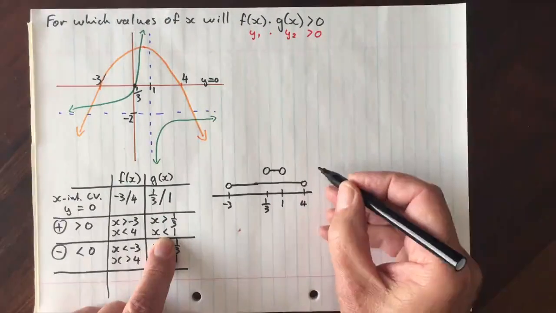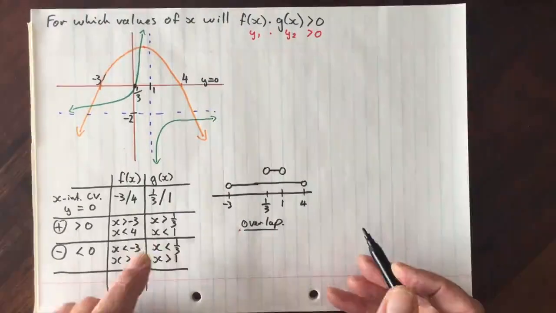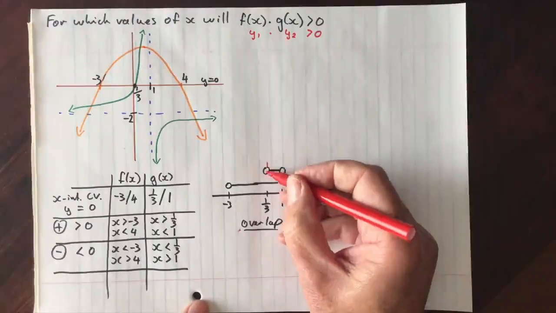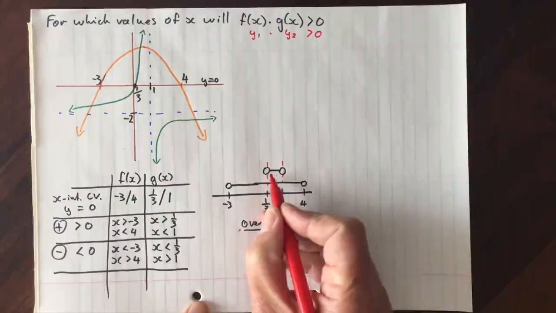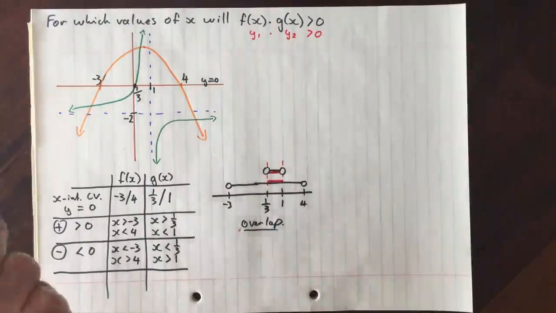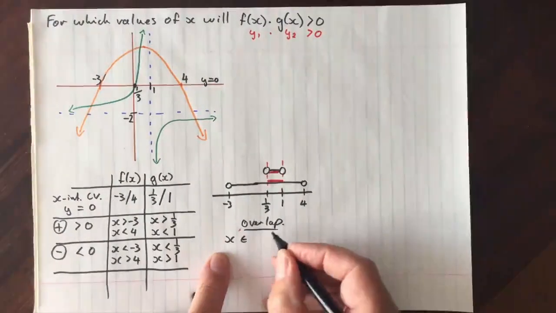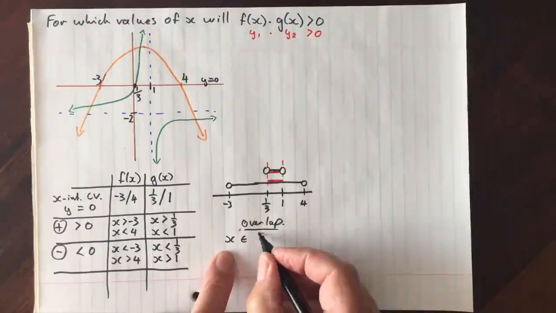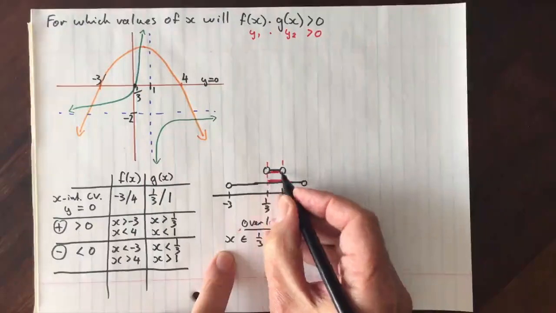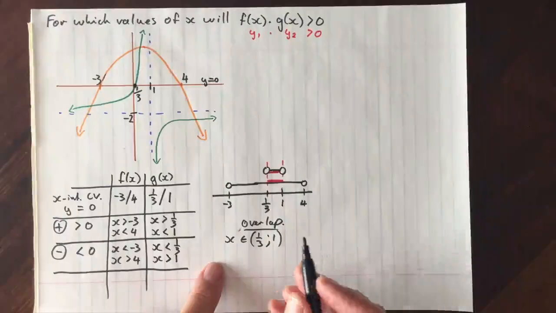Now remember, we're looking for an overlap to get to my solution, and we can discover that. We will see very nicely that we have an overlap over there and over there. Let's write my solution. So x is an element of, we start at a third and we end at 1 with open brackets. The third and the 1 are not included. Right, that's my one solution.